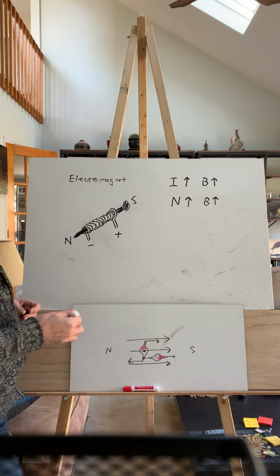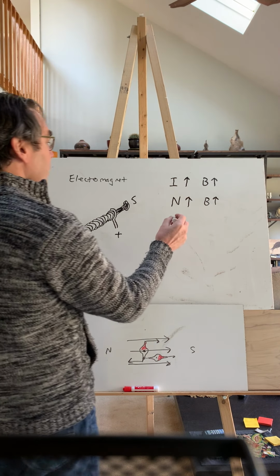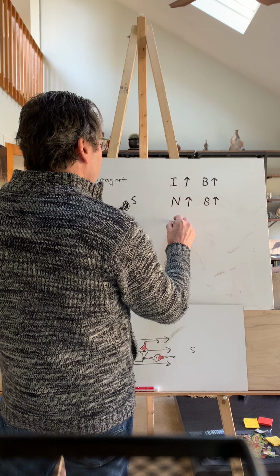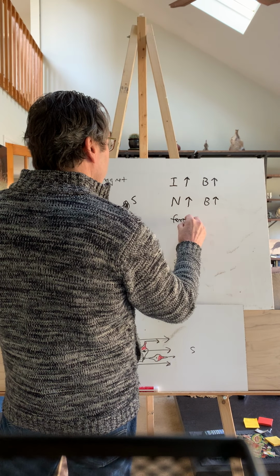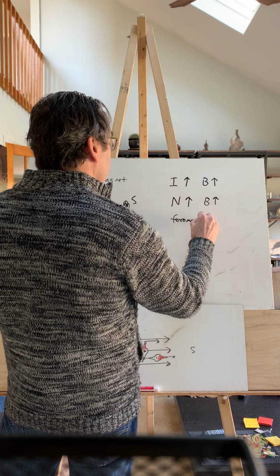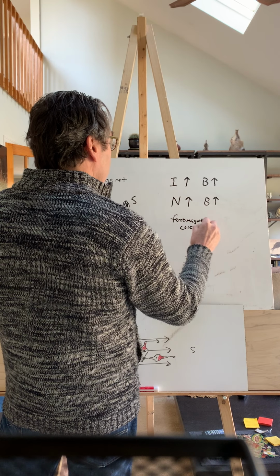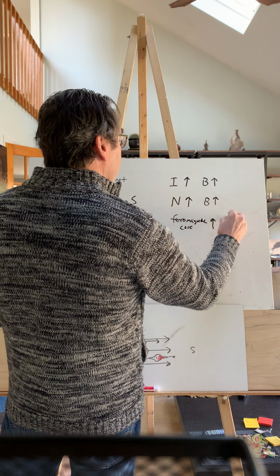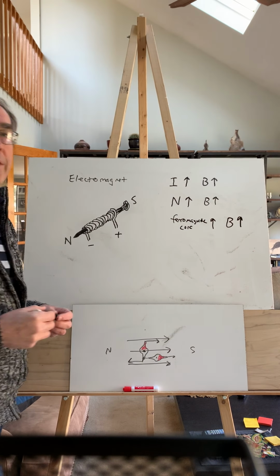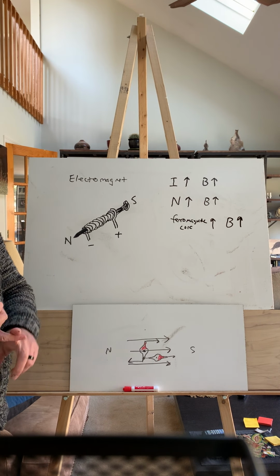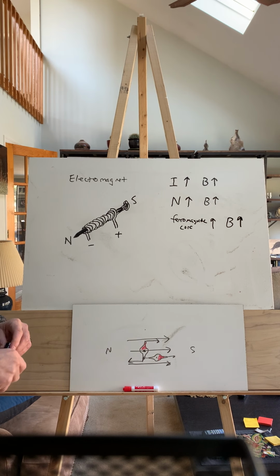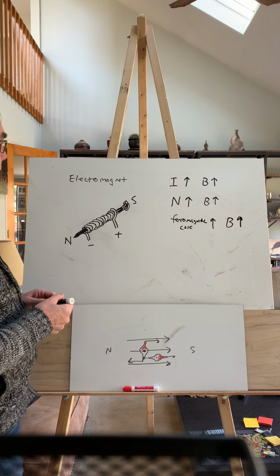So there's a trade-off there. Last thing is, the better the ferromagnetic material is, the better the field produced. For example, iron would produce a better field than nickel or cobalt, and they would all produce a better field than something like aluminum.